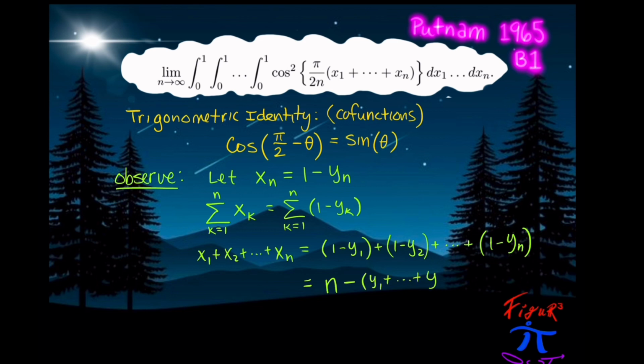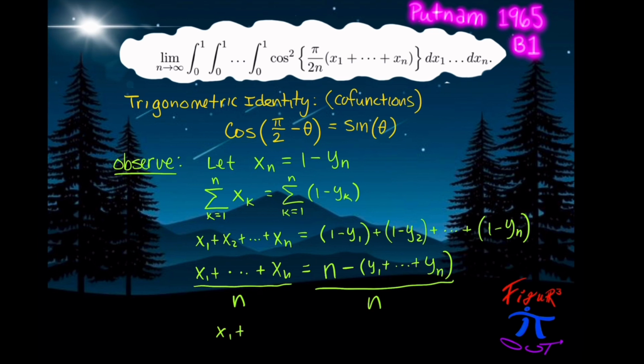Collecting like terms, we get n minus the sum of y1 all the way up to yn. And this is equal to the sum of x1 all the way up to xn. And next, we're going to divide both sides of this equation by n, so that we get the sum of x sub n over n equal to 1 minus the sum of all the y's over n.